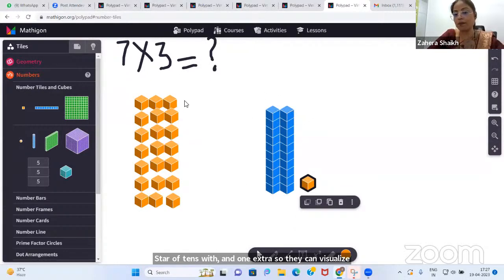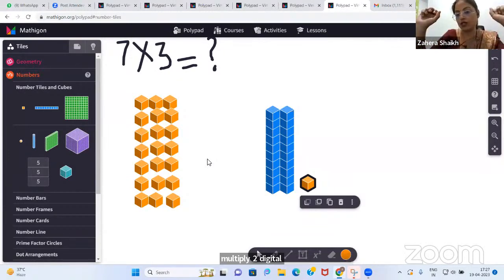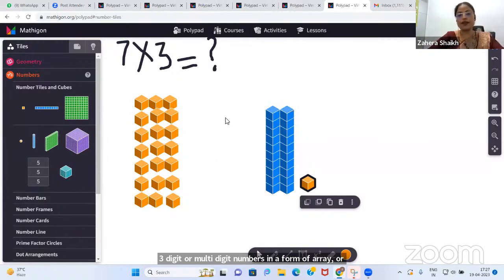And this is nothing but the basis of the array representation that they're going to use from grade 3 onwards, when they use this representation to show how they can multiply 2-digit, 3-digit or multi-digit numbers in a form of array or the area model that we are going to talk about tomorrow, right?